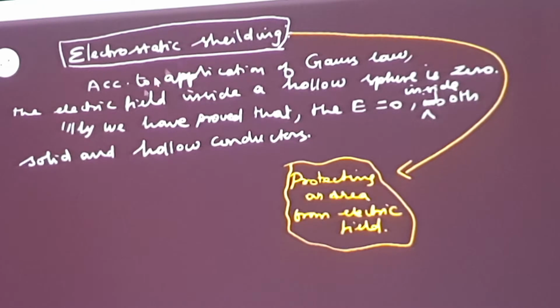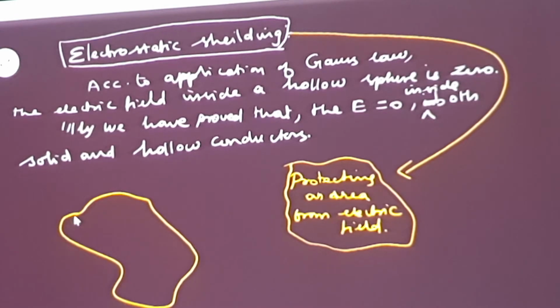To explain this, let us consider a conductor of any shape. If this conductor is given a positive charge, then the electric field will act perpendicular to the surface and radially outwards.